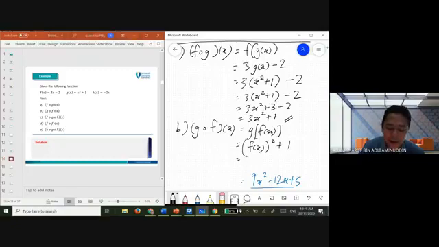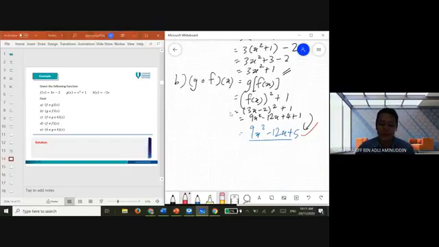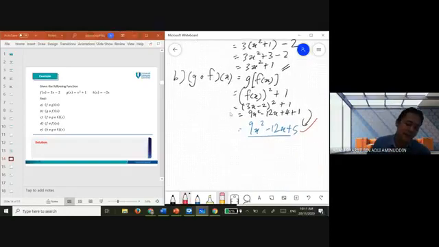So (3x minus 2) squared plus 1 becomes 9x squared minus 12x plus 4, and you plus 1 becomes this one. Great. Super. Dan splendid. Betul.